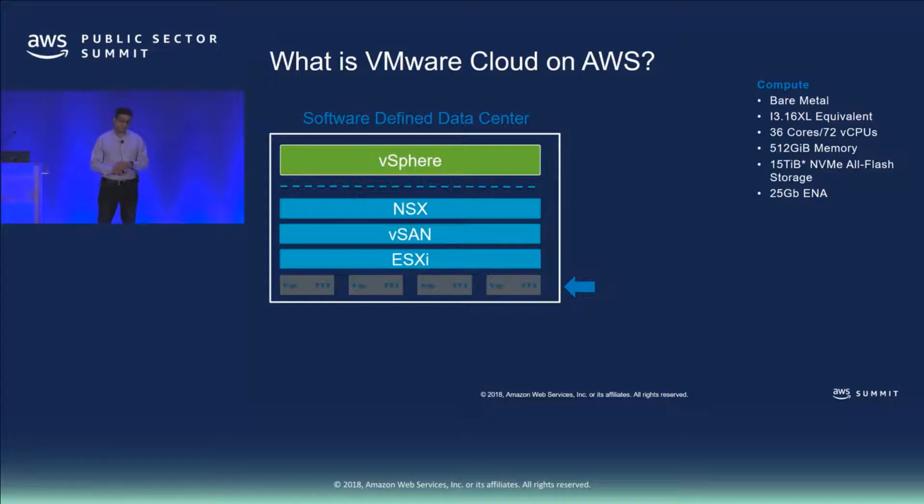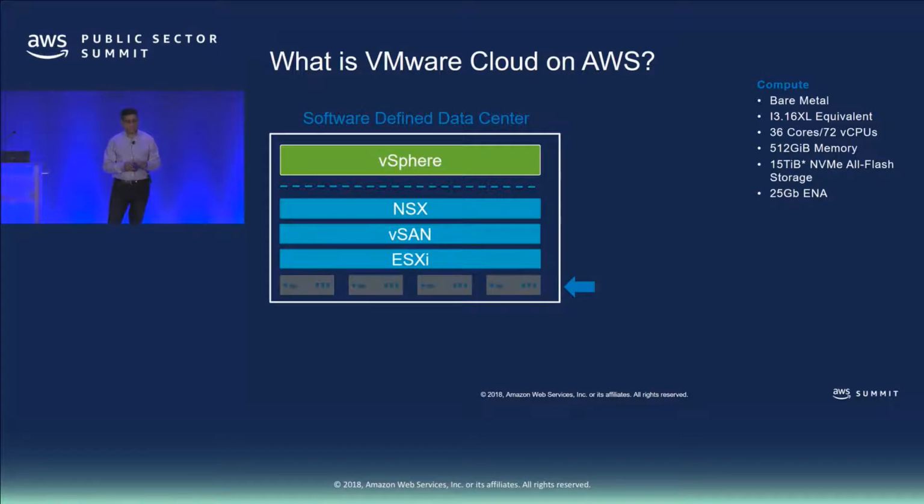It has equivalent resources to the i3.16xlarge EC2 instances, which means you get dual 36-core CPUs, so 72 virtual CPUs, 512 gigabytes of memory, and 15 terabytes of NVMe SSD drives. This is the storage tier that vSAN is going to utilize to build a distributed storage across the nodes, the 4 nodes of the cluster.